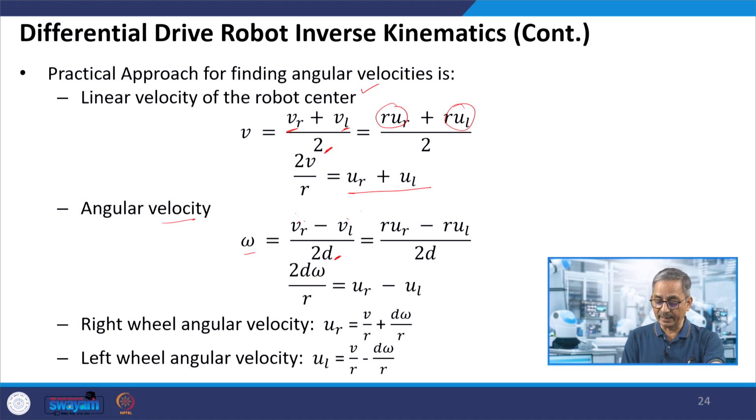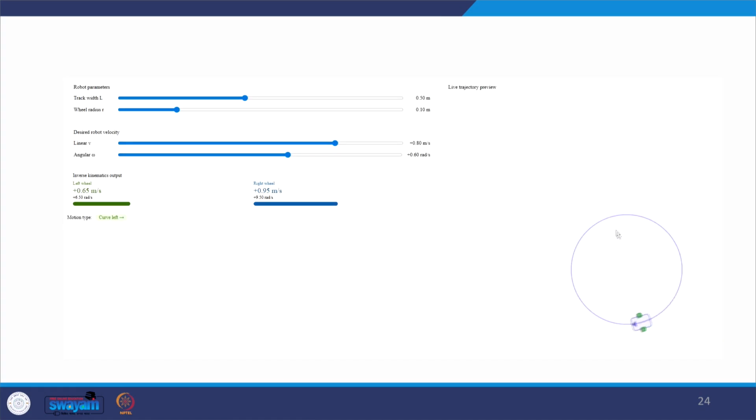Again I can substitute this, and so I get this equation. So, we basically have two equations with 2 unknowns, and this way I can solve for UR and UL. This is the practical approach for finding the wheel angular velocities, or the inverse kinematic solution, for this differential drive robot.